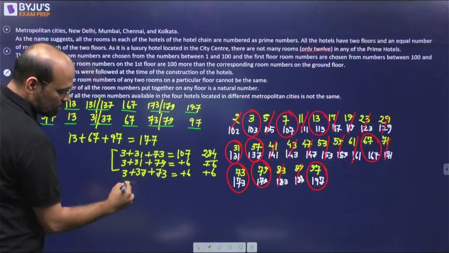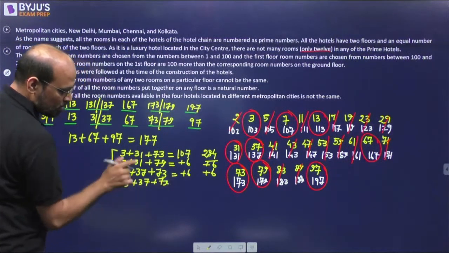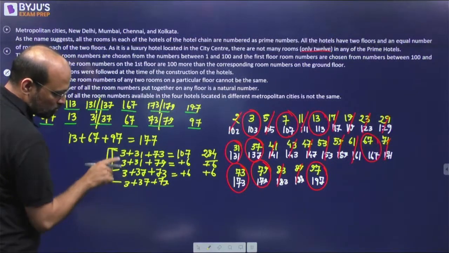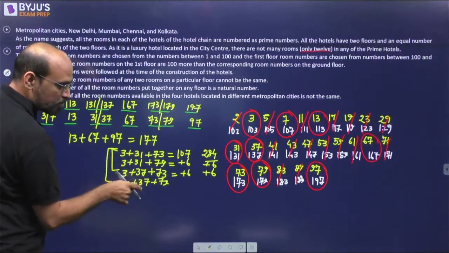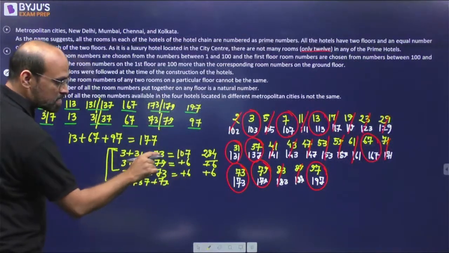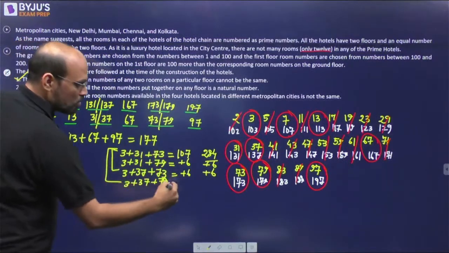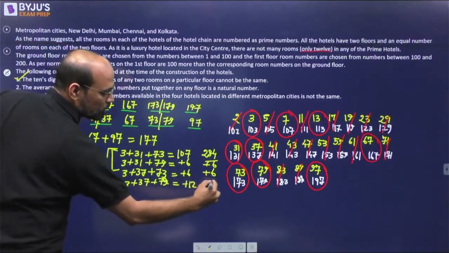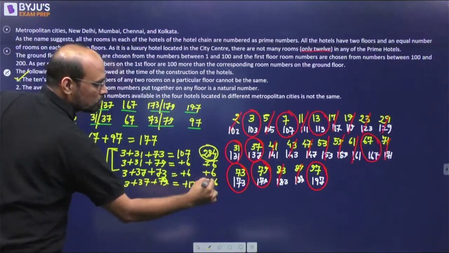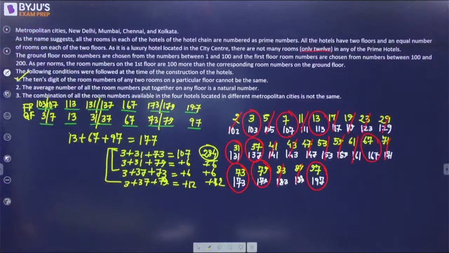Similarly, instead of 73 with 37, if I take 79, and if you compare these two, 3 and 3 are the same, 31 has become 37, an increase of 6, and 73 has become 79, that's another increase of 6. So there is an overall increase of 12. So if 284 was not divisible by 6, how could 284 plus 12 be?